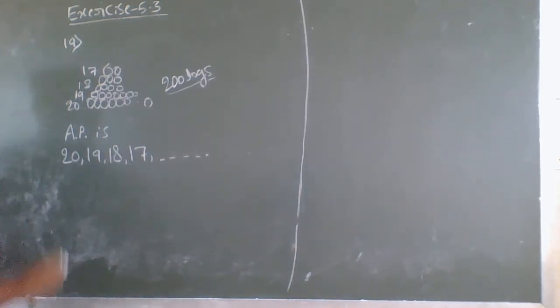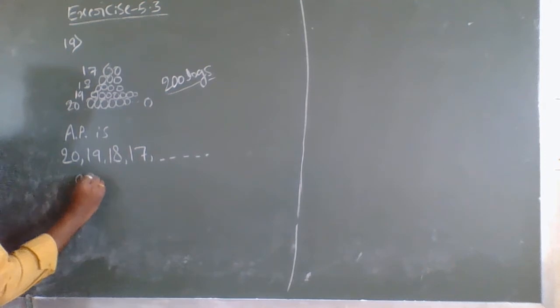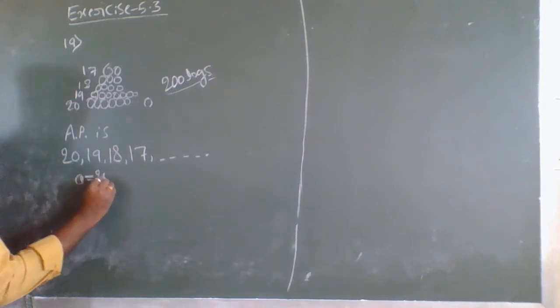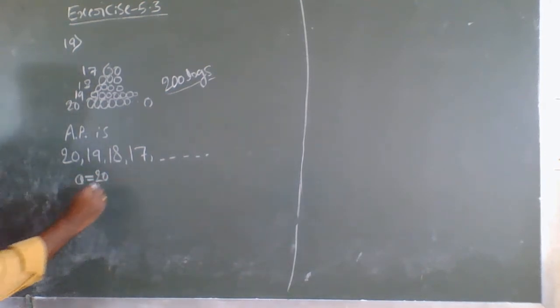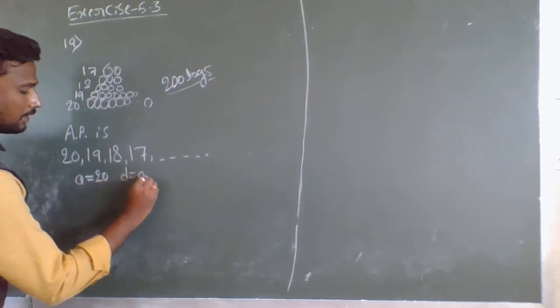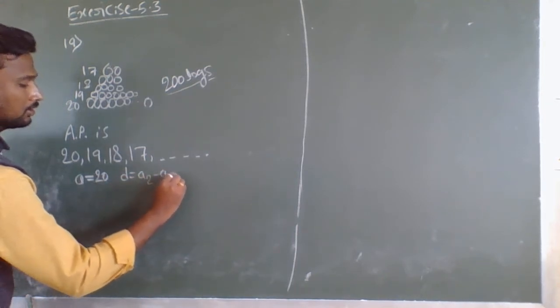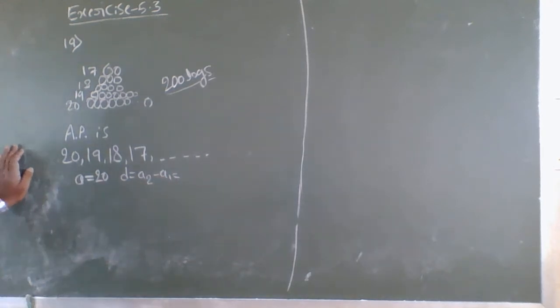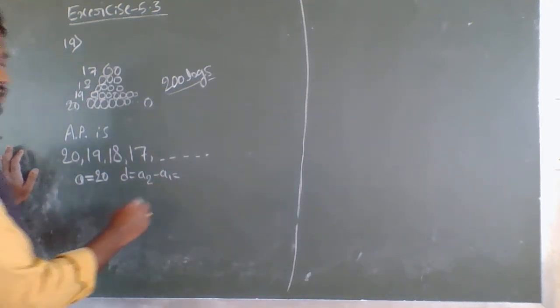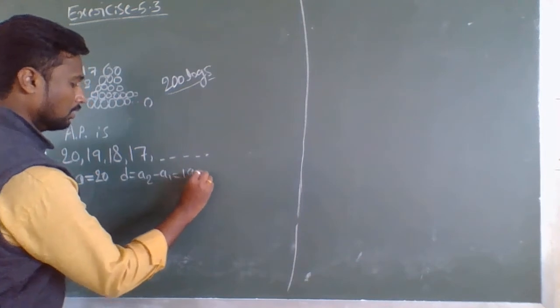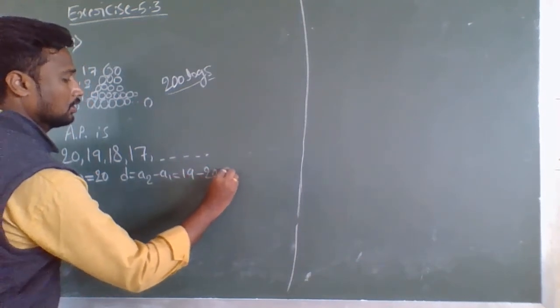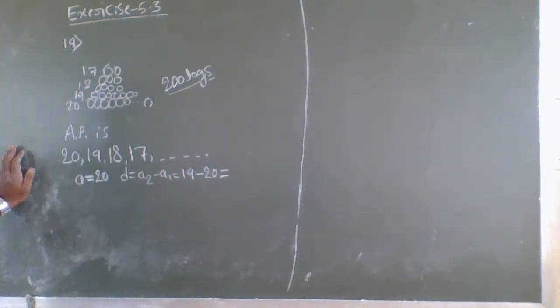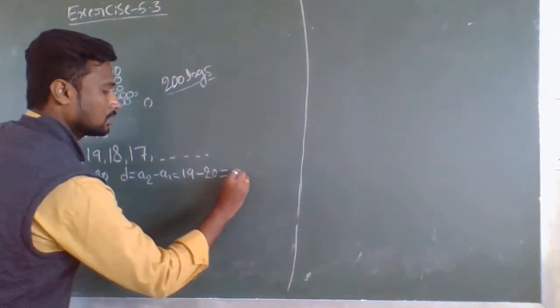So by observing this AP we can write the a value as 20. d is equal to a2 minus a1. The a2 value is 19, the a1 value is 20. 19 minus 20 is minus 1.